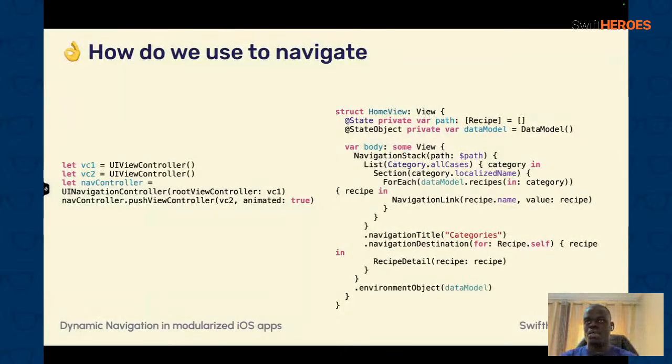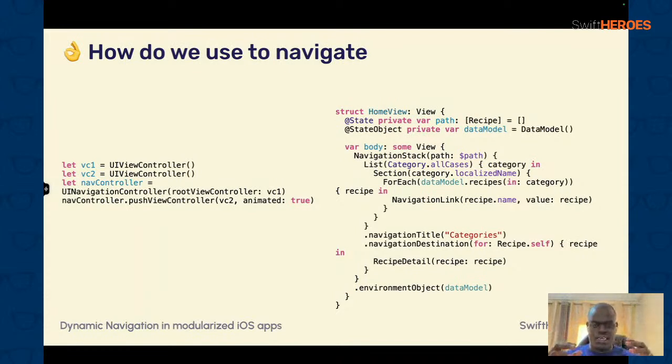We have a view controller 1 and a view controller 2, and we can instantiate a UINavigationController and push the view controller. And for SwiftUI, we now have NavigationStack and navigationDestination. But what is the problem with that?